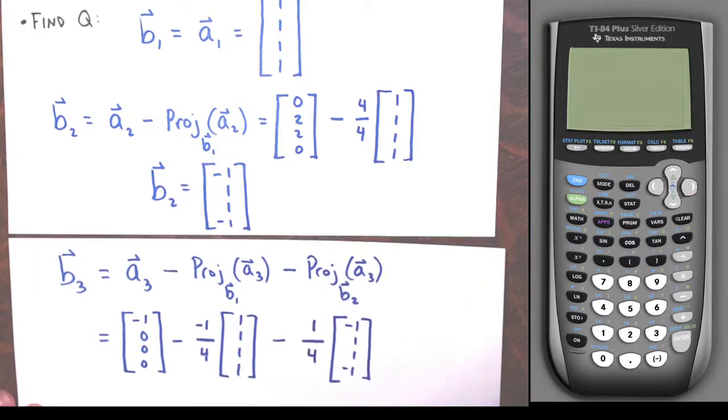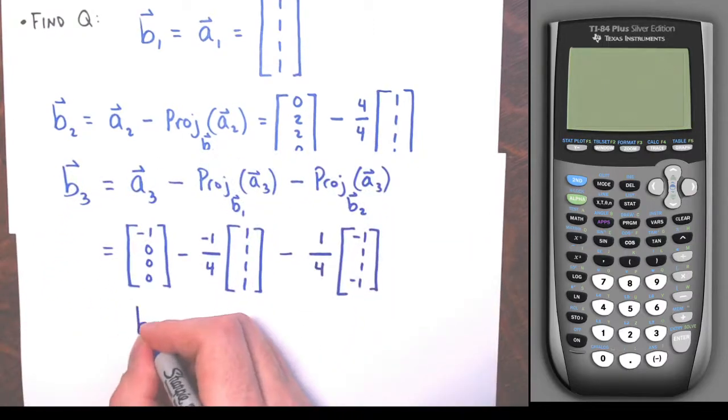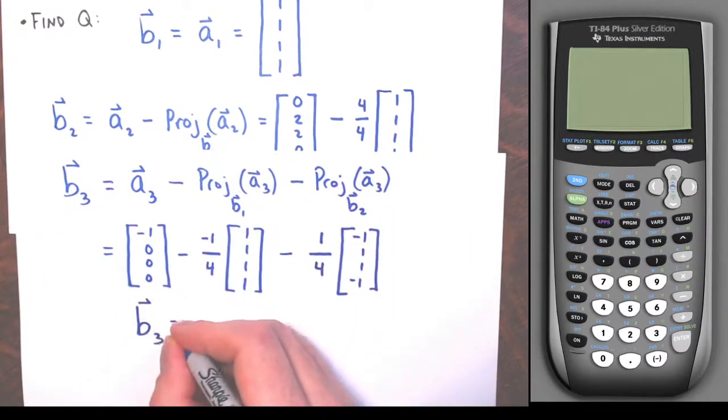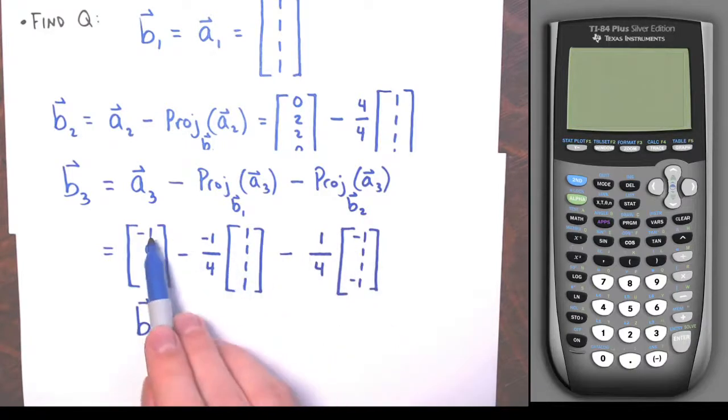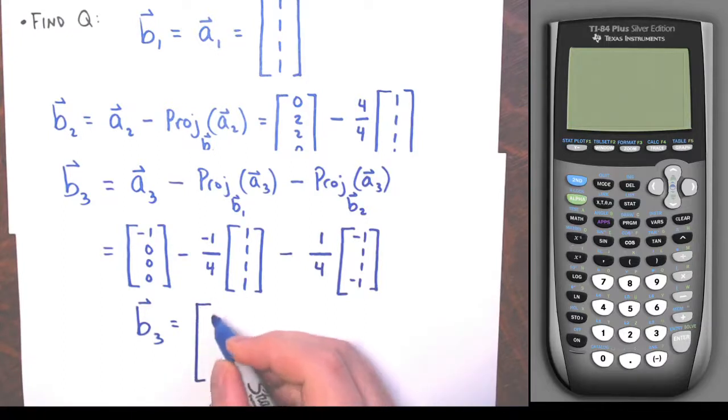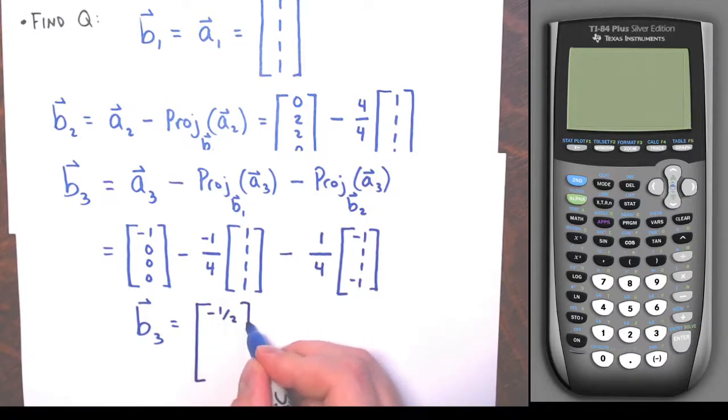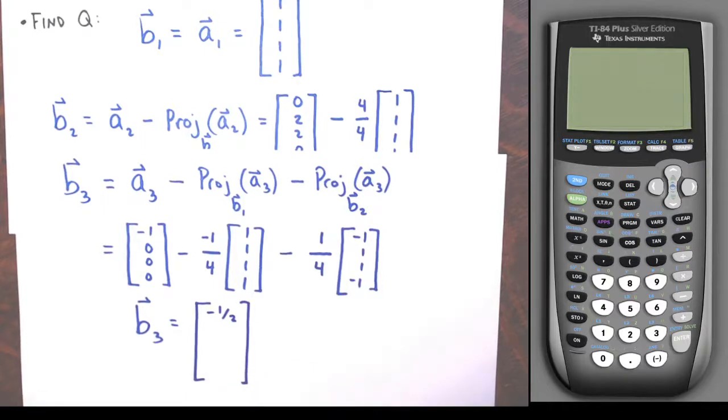All right, and let's put these together and we're getting our third vector, B3. The first components, you have negative 1, then plus a fourth, plus another fourth. So that's negative 1 plus a half. It's negative half. Then we have 0 plus a fourth minus a fourth, so 0.